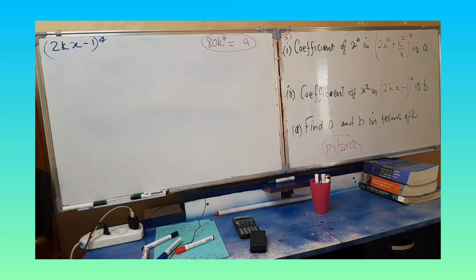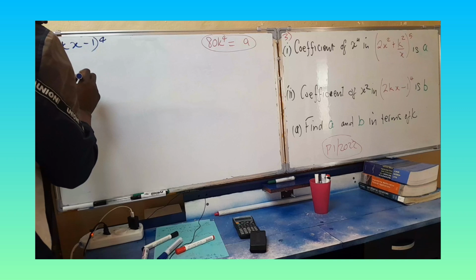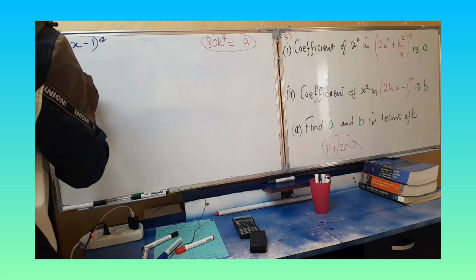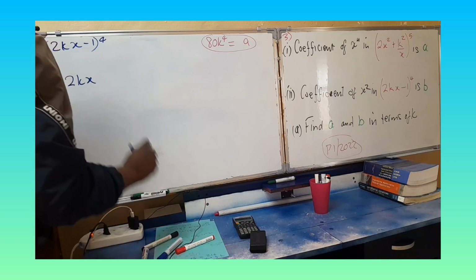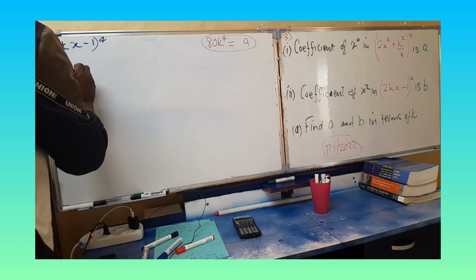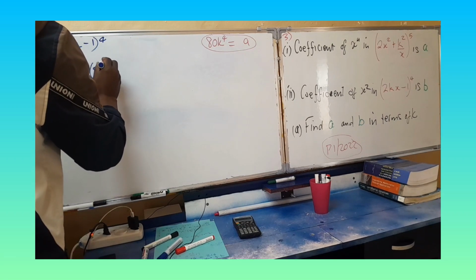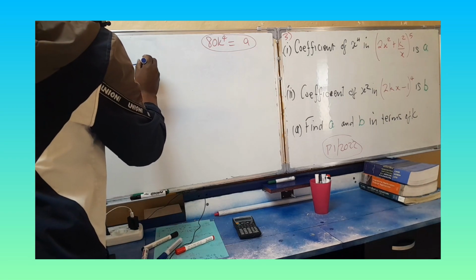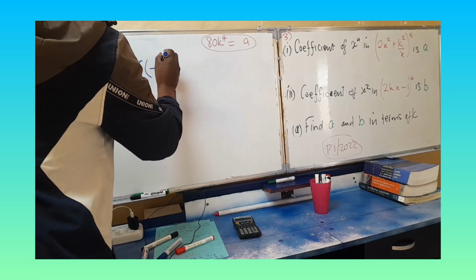Our general term, as before, will be, I beg your pardon, it will be nCr, bracket 2kx raised to the power n minus r, multiplied by minus 1 to the power r.